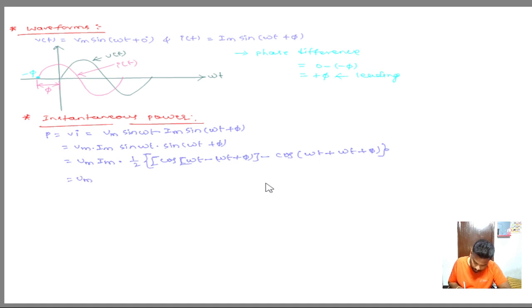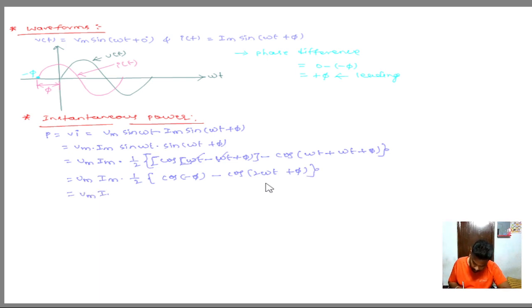Then Vm Im 1 by 2, and omega t gets cancelled. Then it is cos of minus phi minus cos of 2 omega t plus phi.